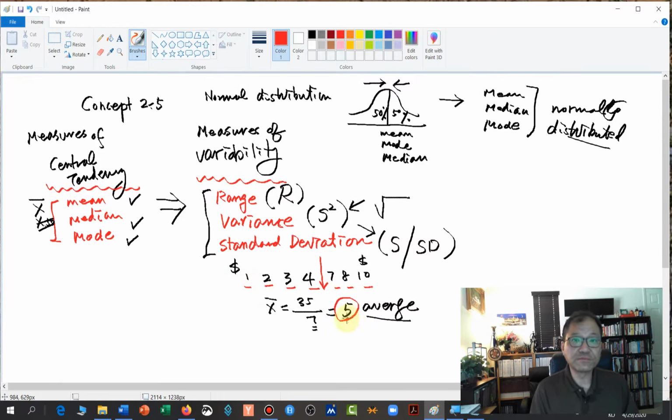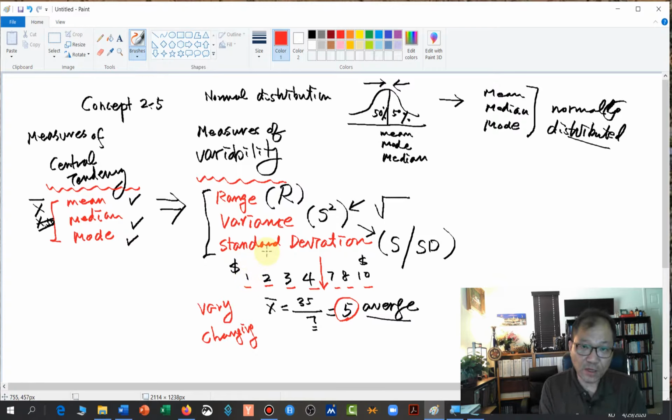So variance, remember, variance, numbers are different. Numbers vary, changing, right? So if you have a $1, you are way below the value of $5 mean. You don't have $5, but the average dollar amount that students have is $5.